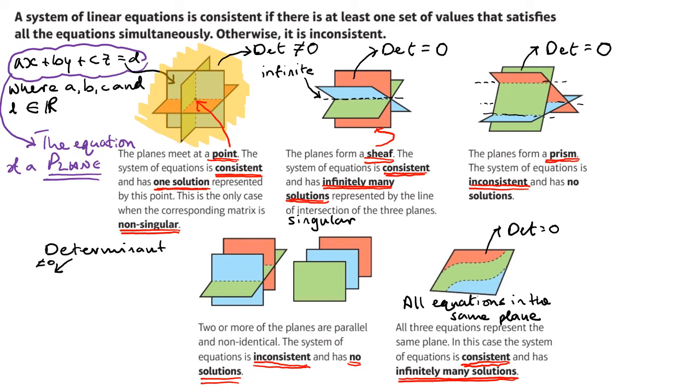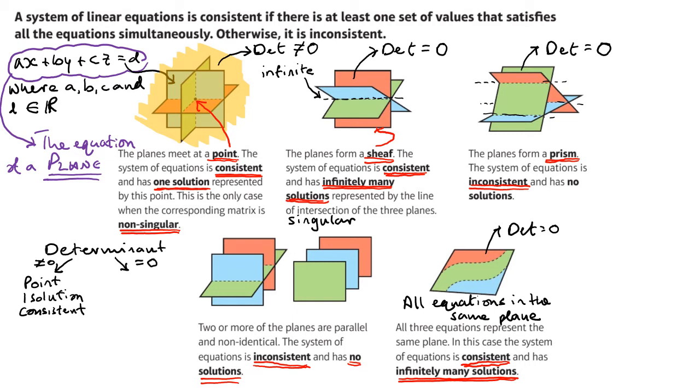Well, in that case, all the equations would meet at a point, and because there's a solution for all three, so point, let's just put one solution, which means it's consistent. Okay. Anytime there's a solution or solutions for all three, it's consistent, right? So let's move over here where the determinant will equal 0.